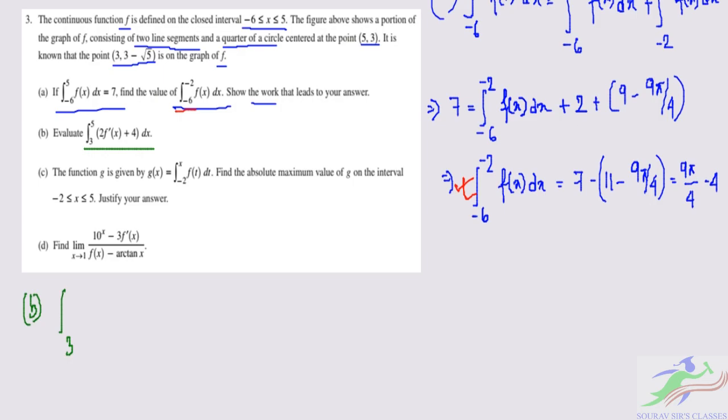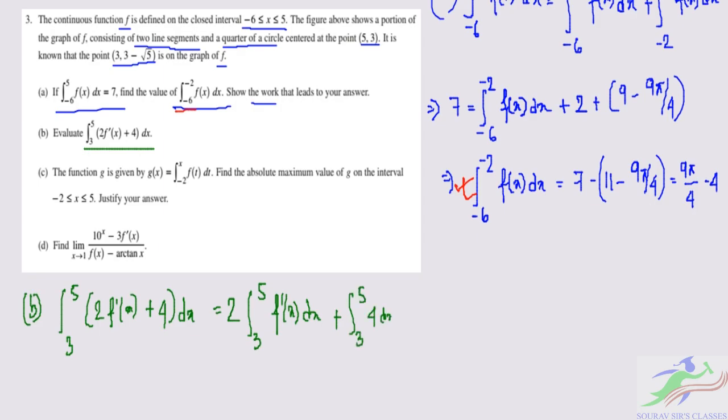It will be 2 times the integral from 3 to 5 of f'(x) dx plus the integral from 3 to 5 of 4 dx. So here we have f(5) minus f(3), plus 4 times (5 minus 3).